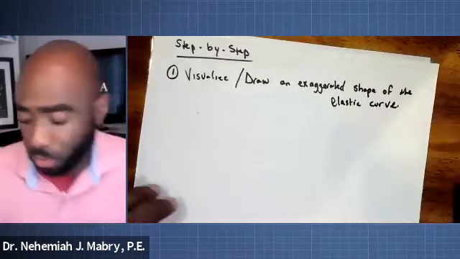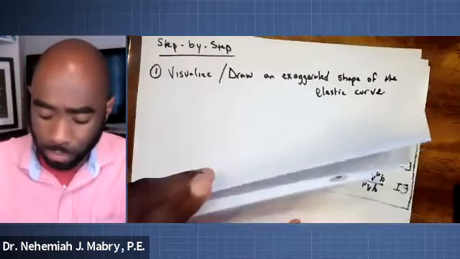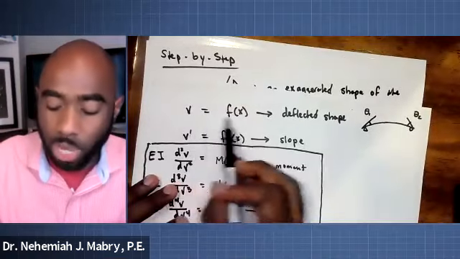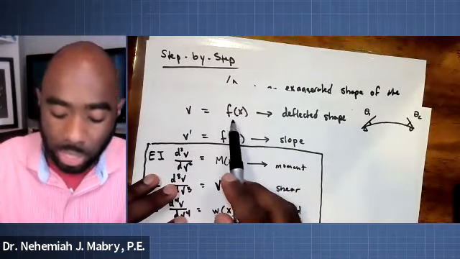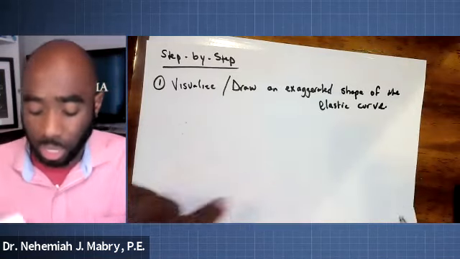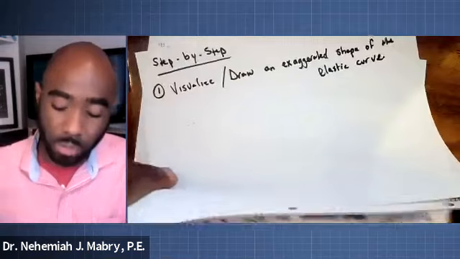Elastic curve is another way of referring to the equation of the deflected shape. So the function as a function of x is what we call the elastic curve.